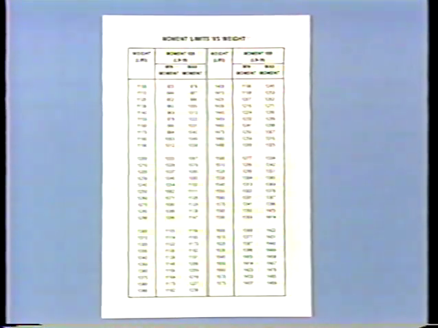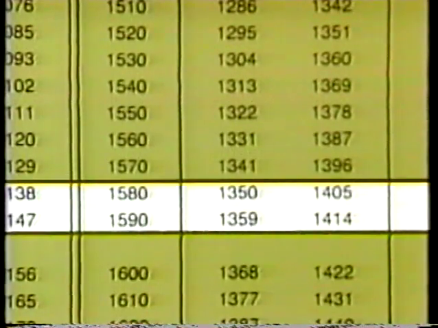For the ramp condition of 1,584 pounds, we must interpolate about halfway between the values of 1,580 and 1,590, or a minimum moment of 1,354 and a maximum moment of 1,409. 1,390 falls between these limits.